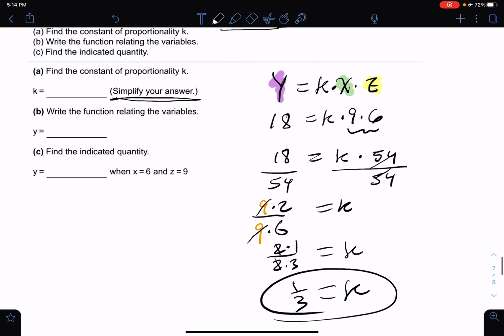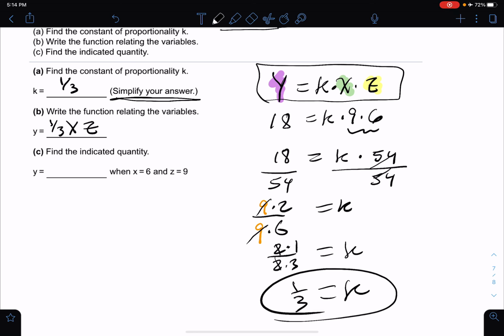So the k value is 1/3. Yay. Now write your function. Remember, this is a joint variation problem, so there is your model. Y equals k, which is 1/3, times x times z. There's your equation.